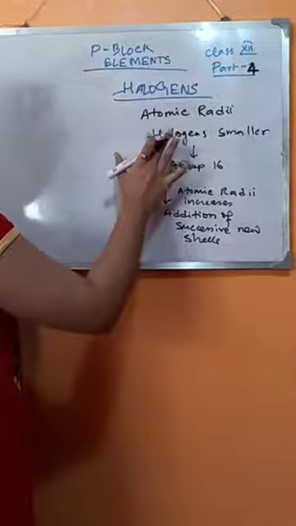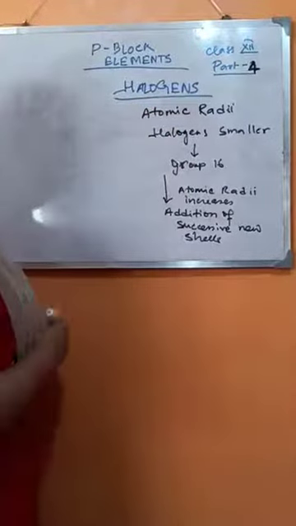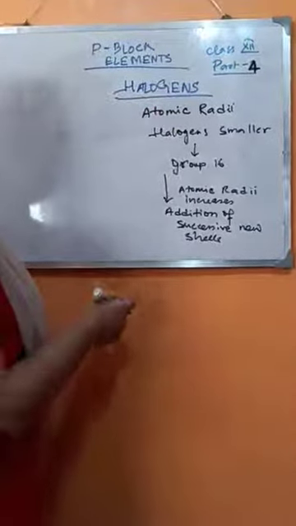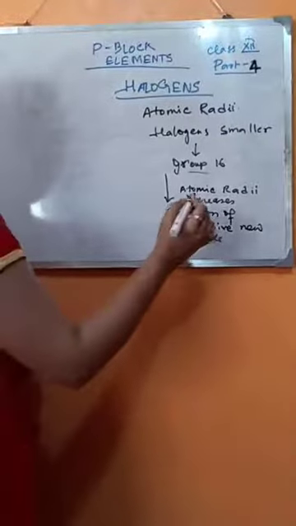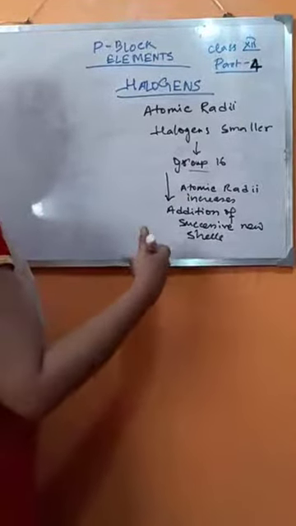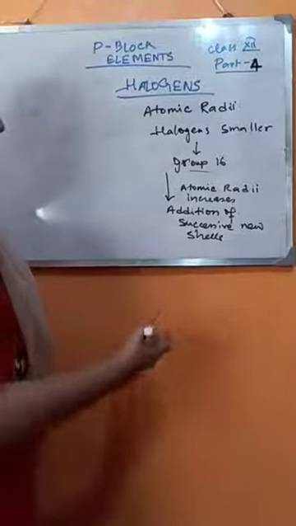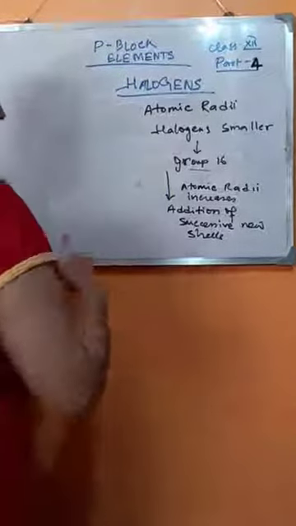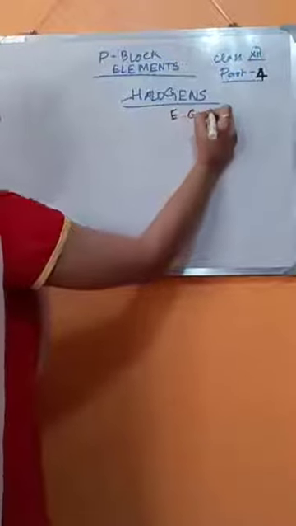So the halogens have a lesser atomic radii than the corresponding elements of group 16. And as we move down the group, the addition of new shells occur. That's why as we move down the group, the atomic radii of the halogens increases. Okay. The next one, gain enthalpy.